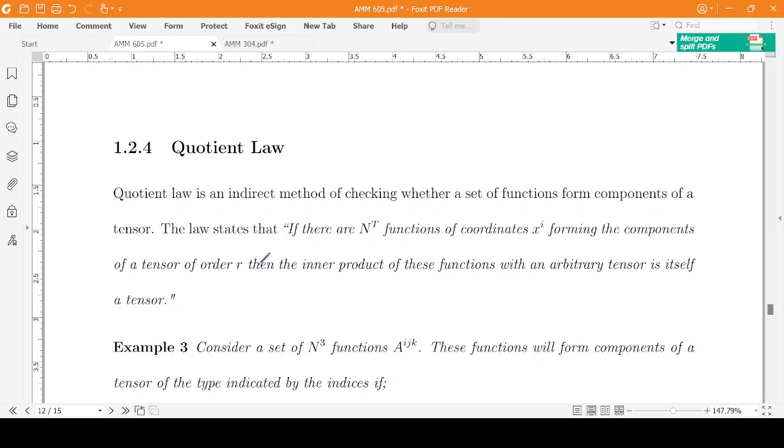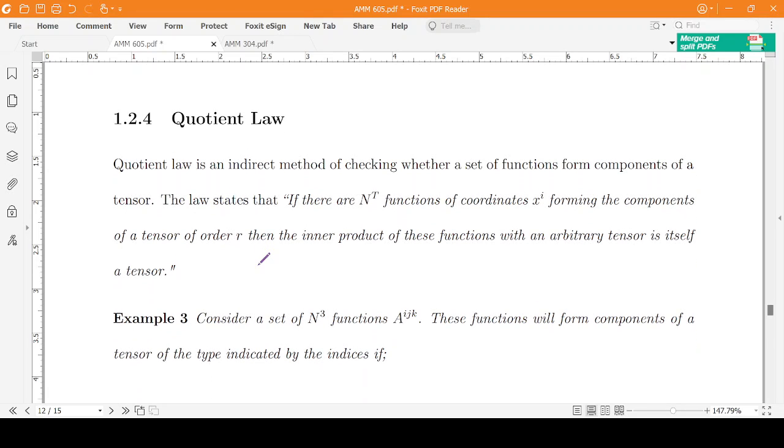Next, we look at the quotient law. The quotient law is an indirect method of checking whether a set of functions forms components of a tensor. The law basically states that if there are n^r functions of coordinates xi forming the components of a tensor of order r, then the inner product of these functions with an arbitrary tensor is itself a tensor.